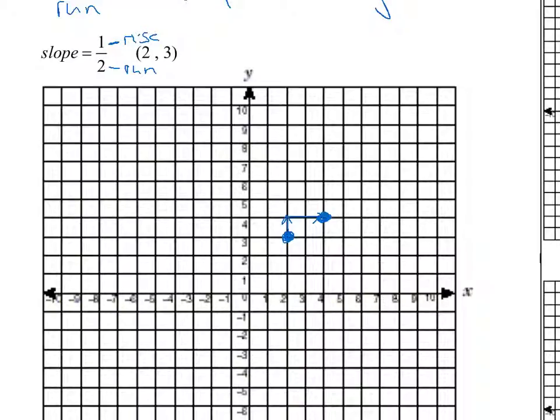And the slope is still a roadmap to the next point. So from there, it's telling me, hey, there's your roadmap. Rise another 1. Run another 2. Oh, this is good. Rise another 1. Run another 2.